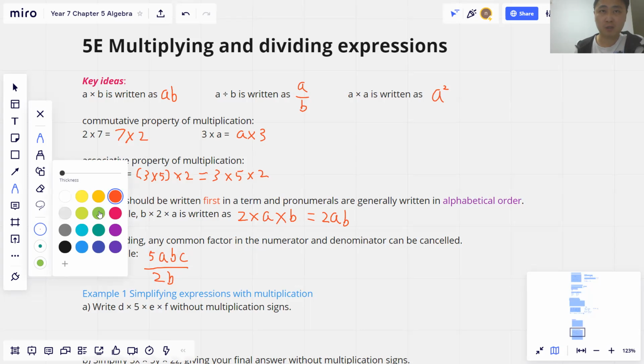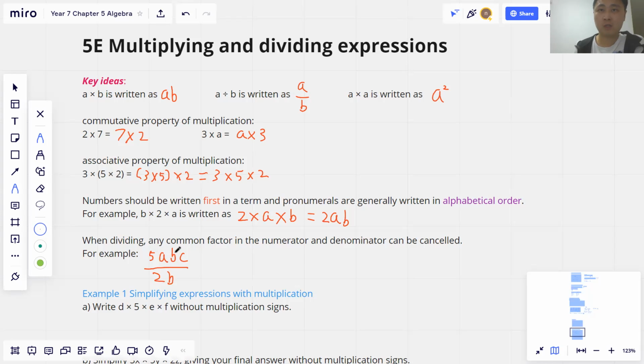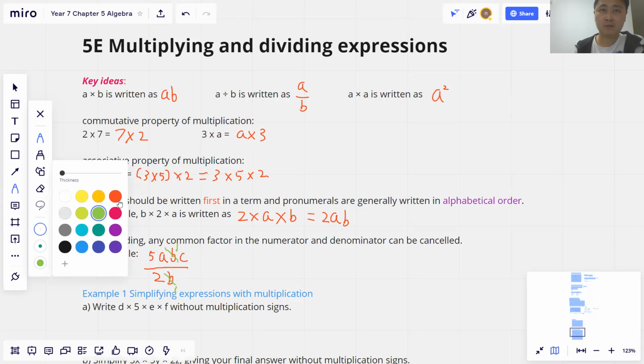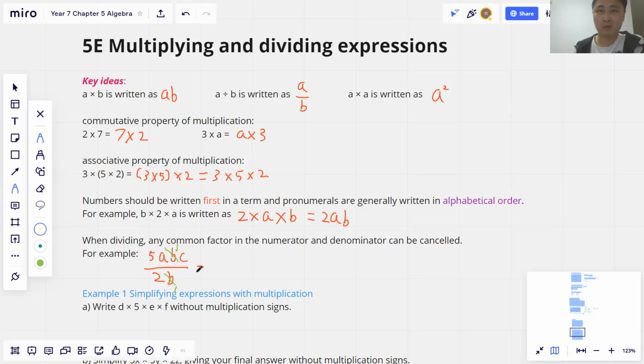I just use a different color. We have B in the numerator, so you cross it out, and you have B in the denominator, so you also cross this out. You write 1 here. In our final answer, this equals 5AC over 2. So this is one example.